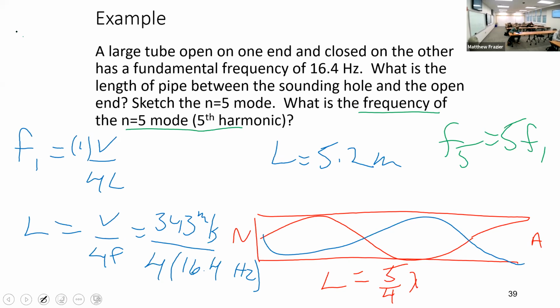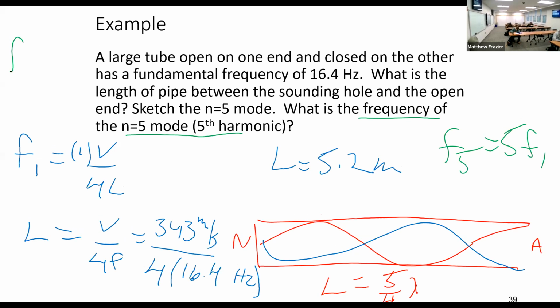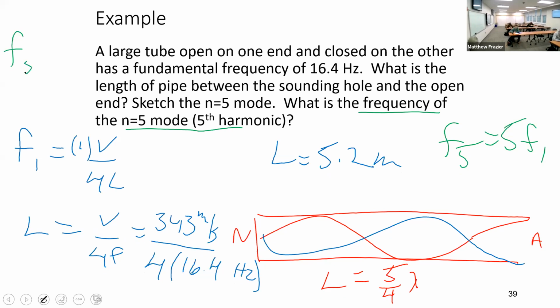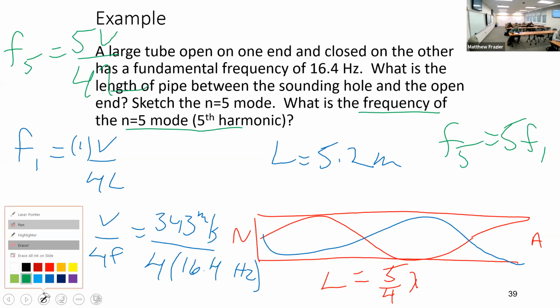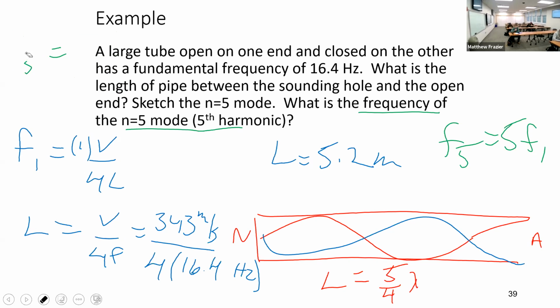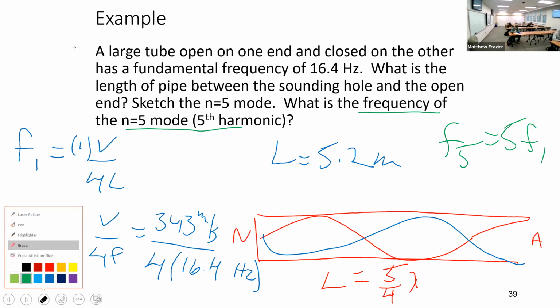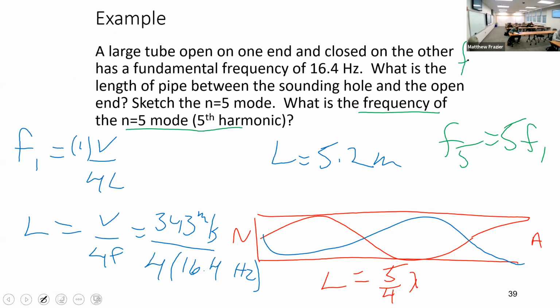Or you can calculate it from the length: F5 is 5 times the velocity over 4 times the length. So 5 times 16.4, 5 times 16 is 80, so about 82 hertz.